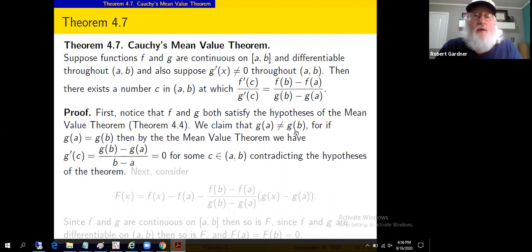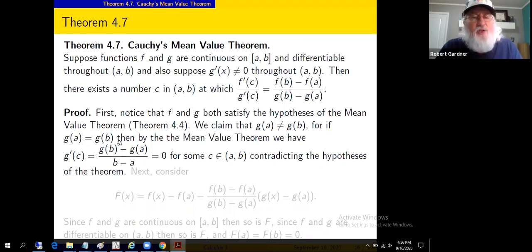g of a and g of b are different because if they were the same, then applying the mean value theorem to g, we would have the existence of a point c somewhere in the open interval from a to b, where g prime of c equals g of b minus g of a over b minus a.